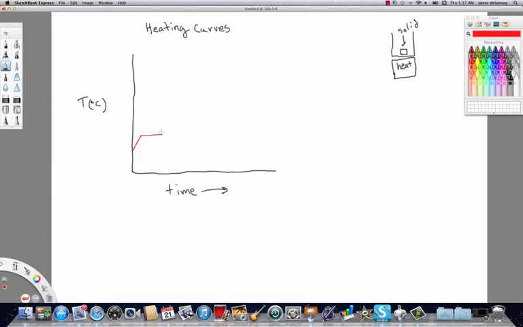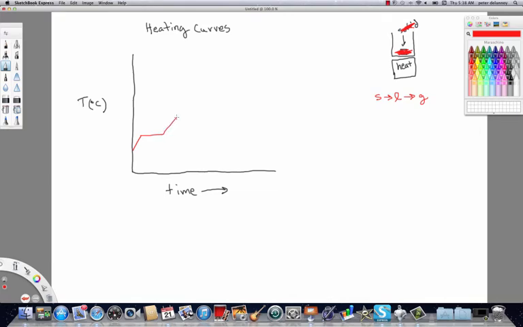It's going to stay fixed for a while, until the solid that we're heating completely melts. And once the material has melted and become a liquid, then we're going to see the temperature begin to rise again.